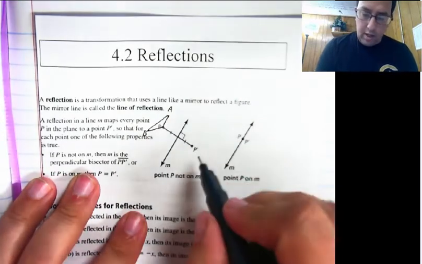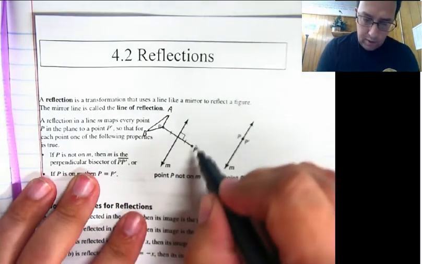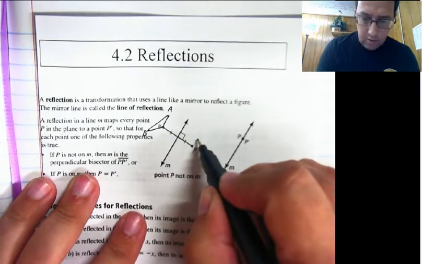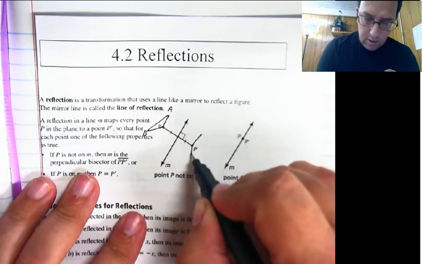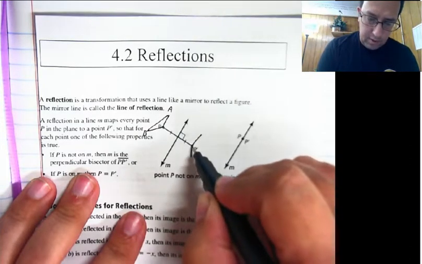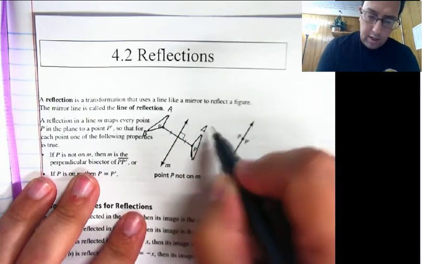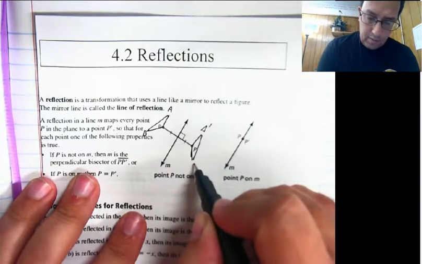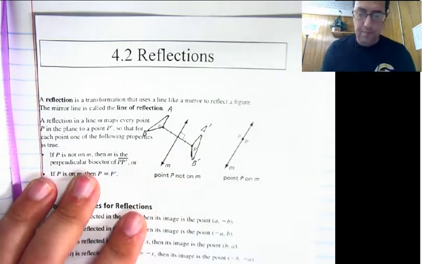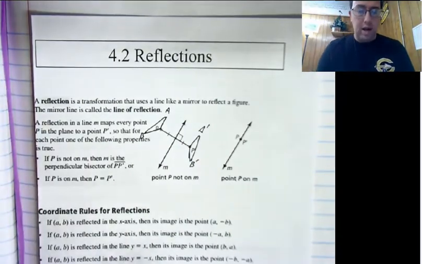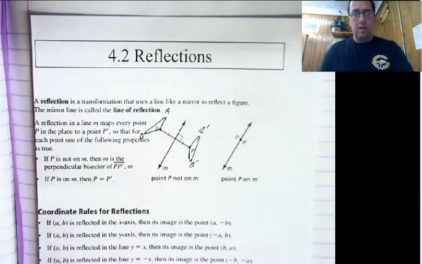All right? And that will be mapped over here to triangle. And this is not going to be perfect because I'm just freehanding it, but that's okay. You'll get the idea. A prime, P prime, and B prime. All right. Now, you see, again, it is a mirror.